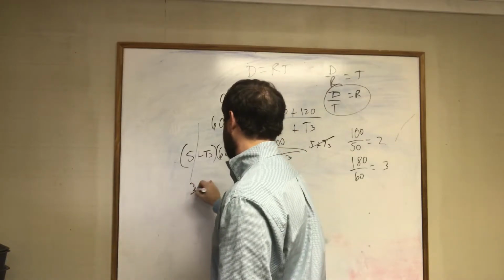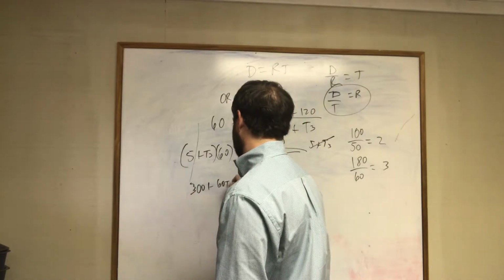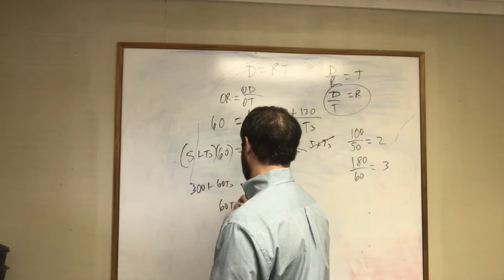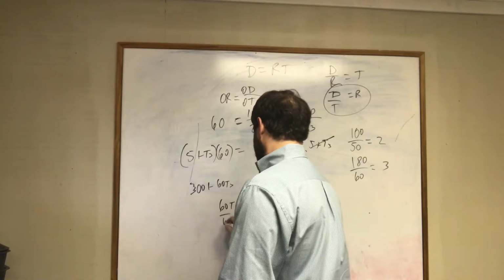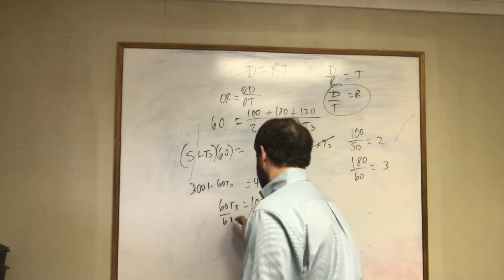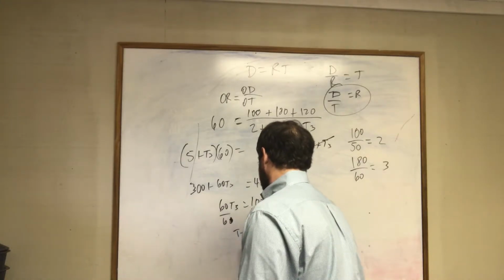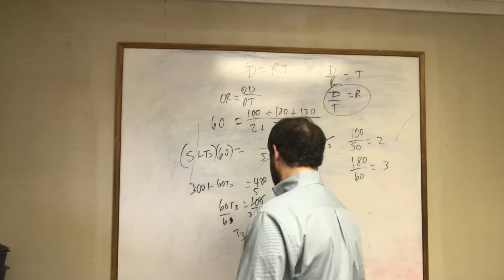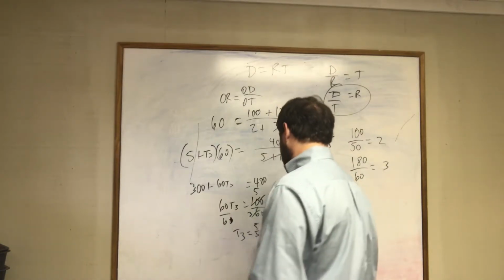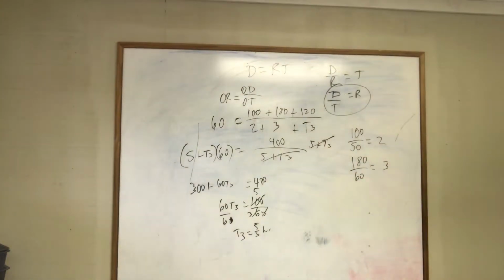You get 300 plus 60t3. Subtract 300. 60t3 is 100. Divide by 60. You find out that time number 3 is going to be 5/3 hours, or an hour and 2/3 of an hour.